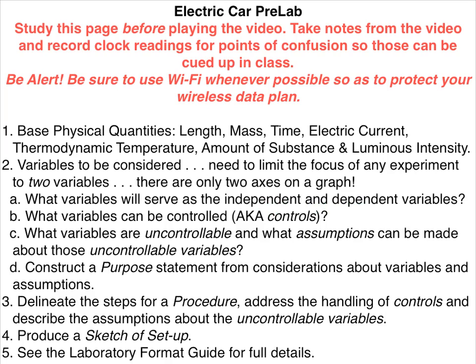There are many other variables that are typically involved in an experimental situation, some of which we can lock down. Those are known as the controls. Those are the ones whose values we can keep from changing because we don't want anything to affect the values of the dependent variable during the course of an experiment, because then we can't really judge the relationship between the independent and dependent variables.